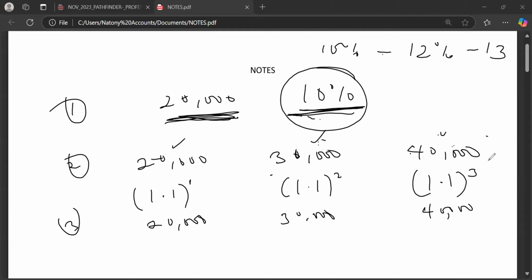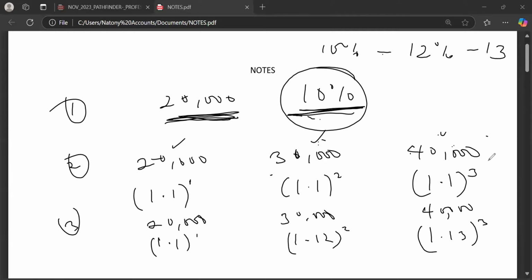How do you inflate these cash flows? Well, I can't do this here, say 1.1 raised to power 1, and 1.12 raised to power 2, and 1.13 raised to power 3. If I did it like this, I will be making a mistake, right?